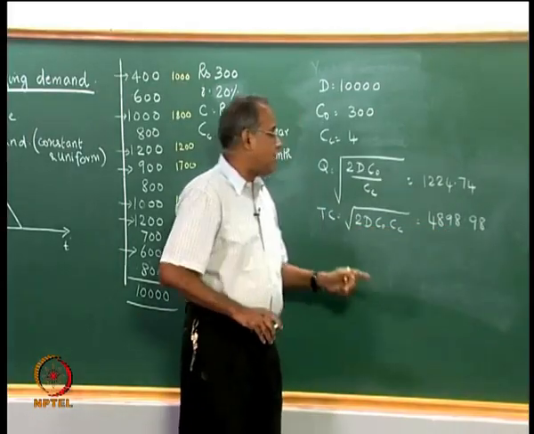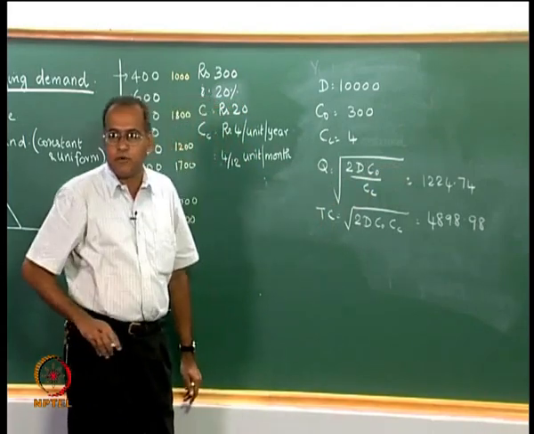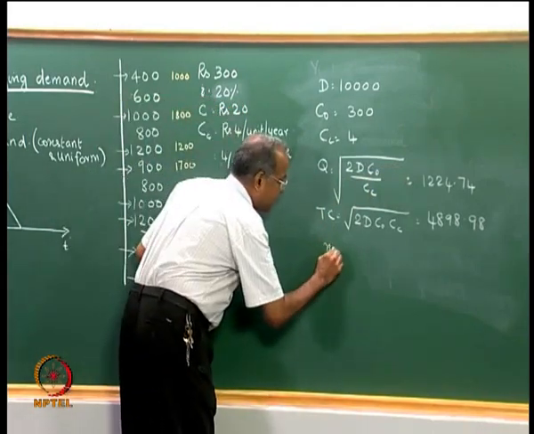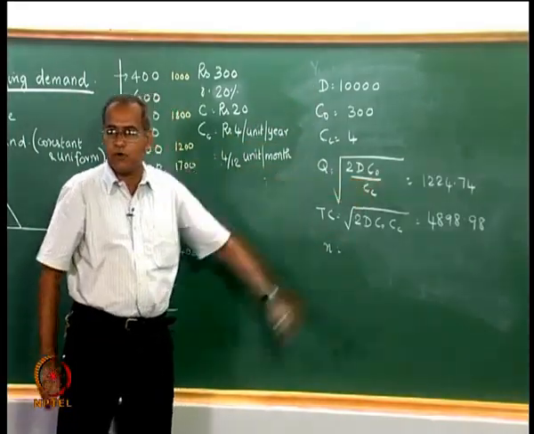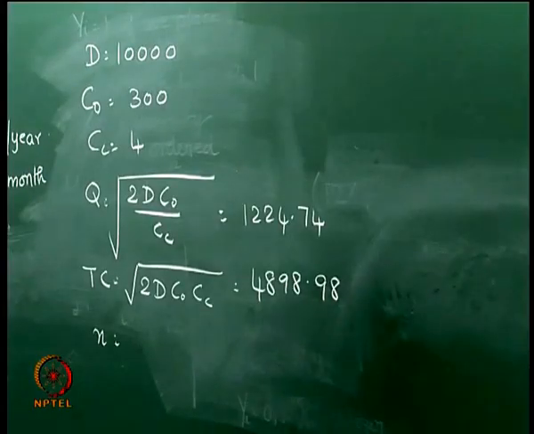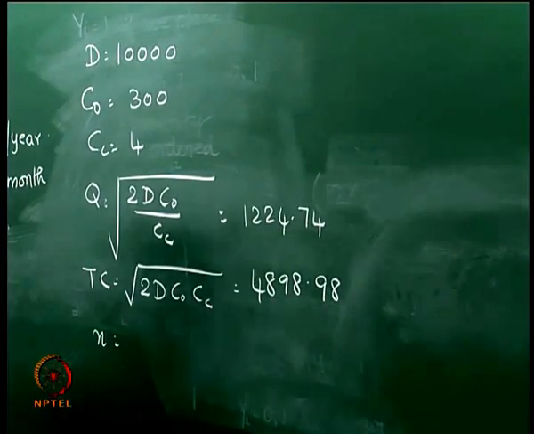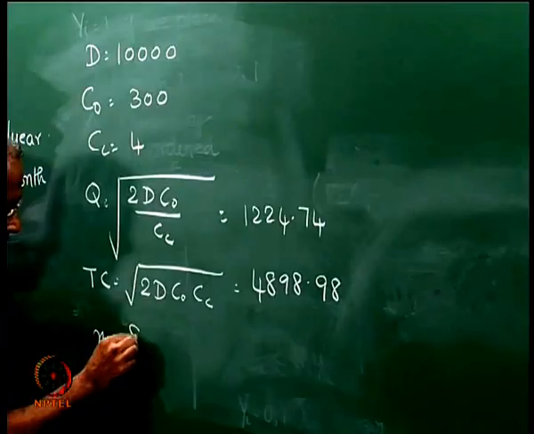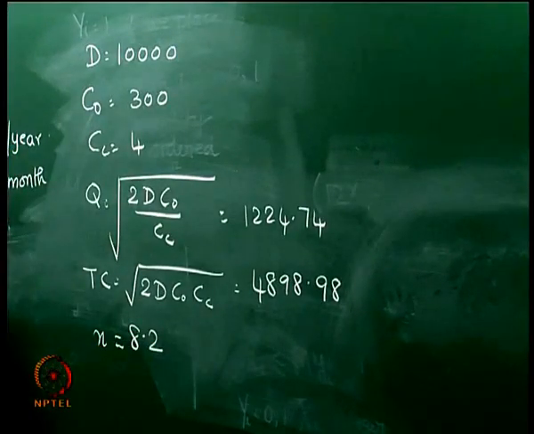Now to do that, let us go back and find out if the order quantity is 1224.74, then the number of orders per year n will be 10,000 divided by 1224.74, and we quickly compute that to be 8.2. So let us call it 8.2 orders, actually 8.17, let us call it 8.2 orders.